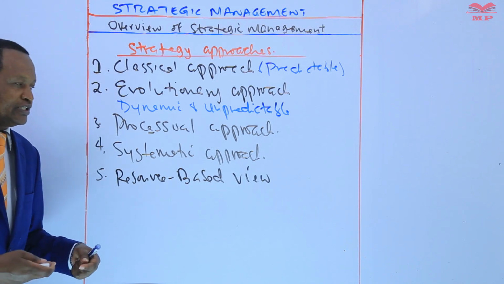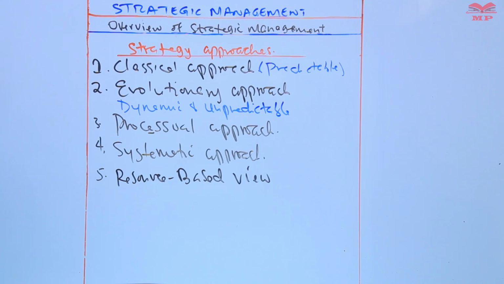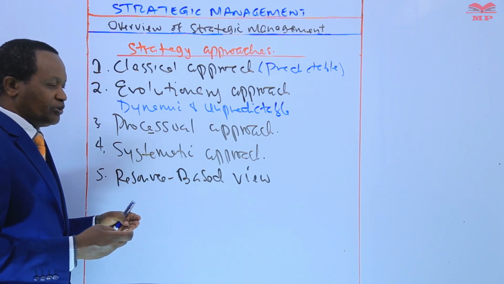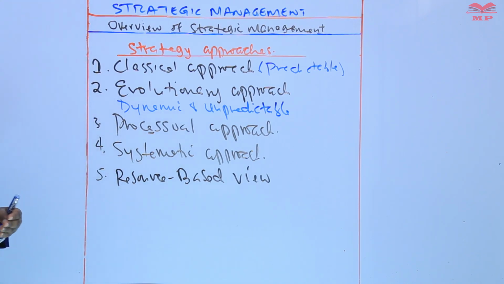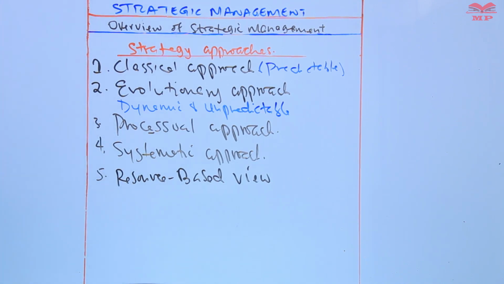Internal capabilities are the main drivers of competitive advantage. The approach focuses on identifying and leveraging the unique resources and the unique competencies within the organization to create a sustainable competitive advantage.